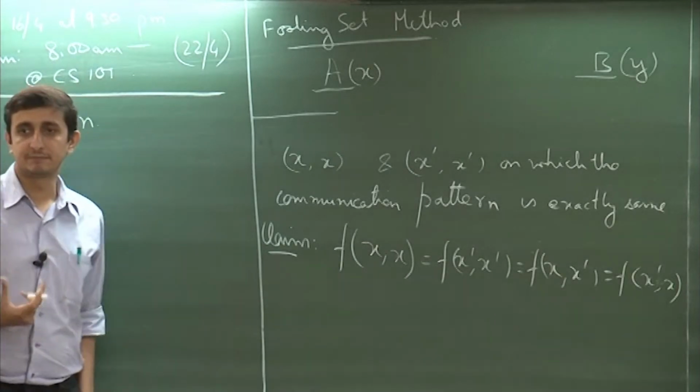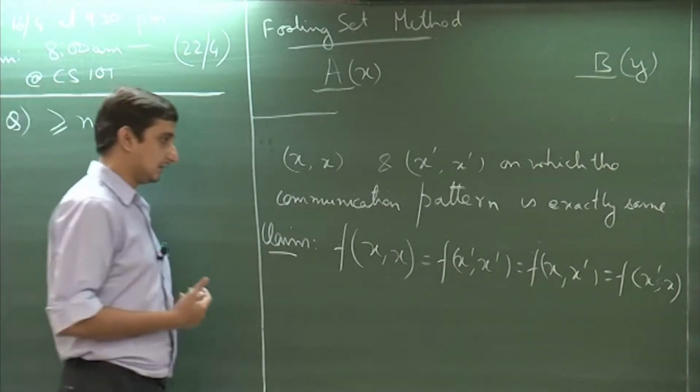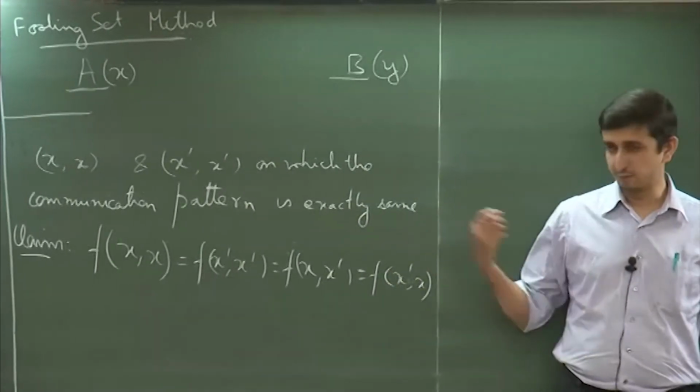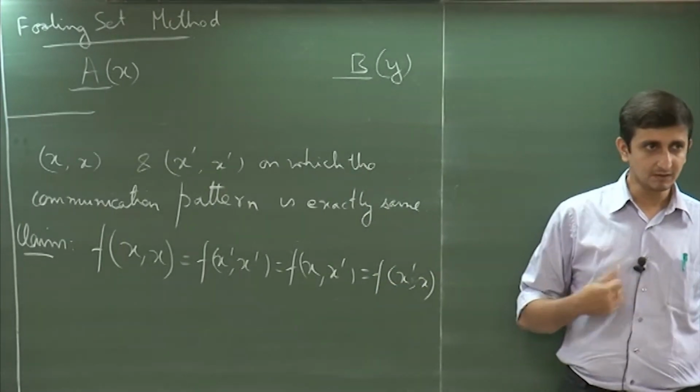So, no matter which pair you choose, the value of the function should be identical. Okay. And why is this the case?